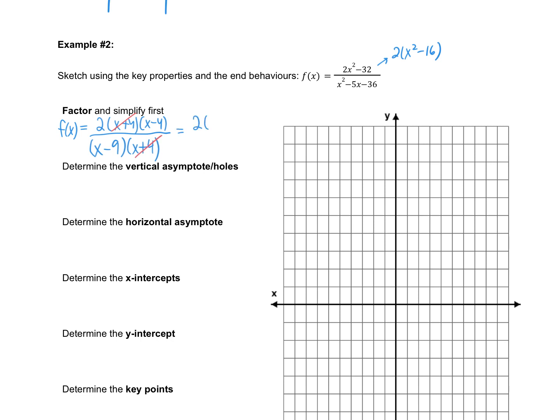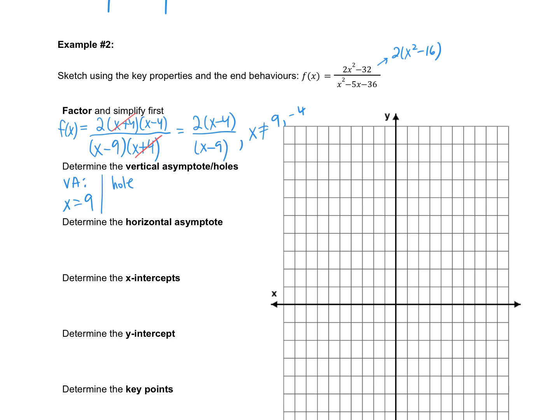So our simplified equation is going to be just this with restrictions of 9 and negative 4. So our vertical asymptote is the factor that's left, which is x equals 9, but we're also going to have a hole, and this one's going to be at negative 4.